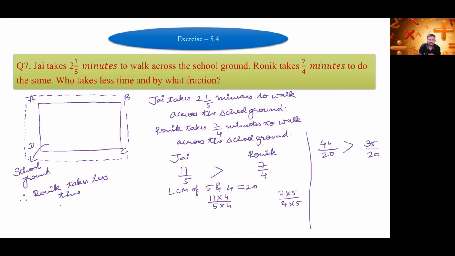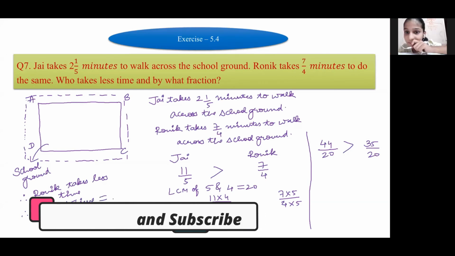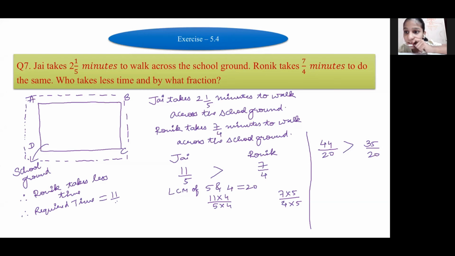And by which fraction? उसके बाद में आप लिखोगे required time. What will it come? 11 by 5 minus 7 by 4. Bigger fraction minus smaller fraction. How much does it come? You solve it and tell me the answer.